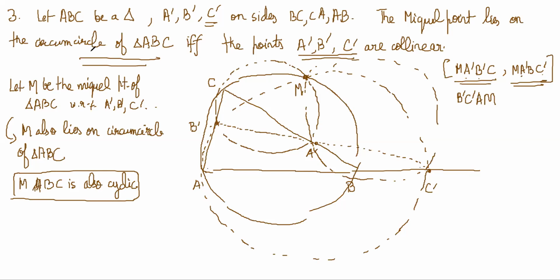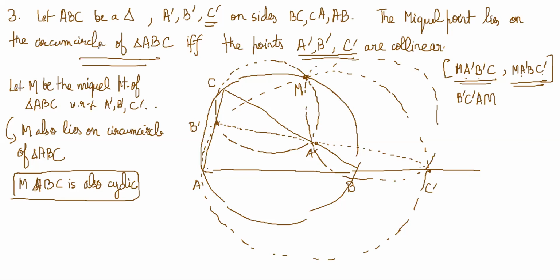So we are going the forward direction of that. Actually, you can go in any direction. You can also assume that M, A, B, C is cyclic, because the question says lies on the circumcircle if and only if. So maybe you can assume that it lies on the circumcircle and prove that it is collinear.